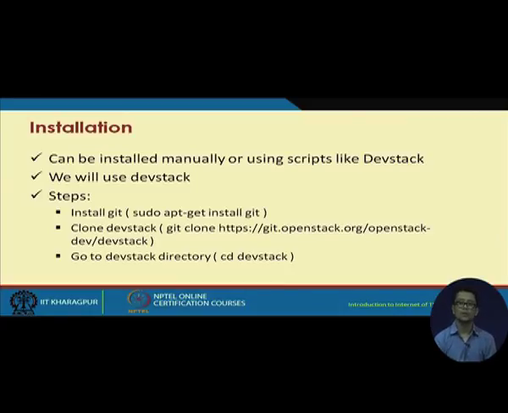In order to clone it, we first have to install the git software. So just perform the steps that I have given there: go to the command line, clone it, and then go to the directory like this.